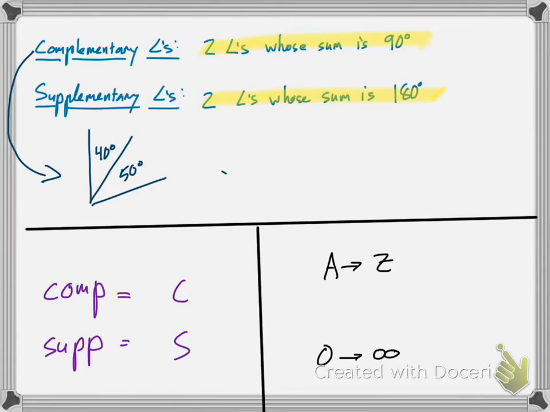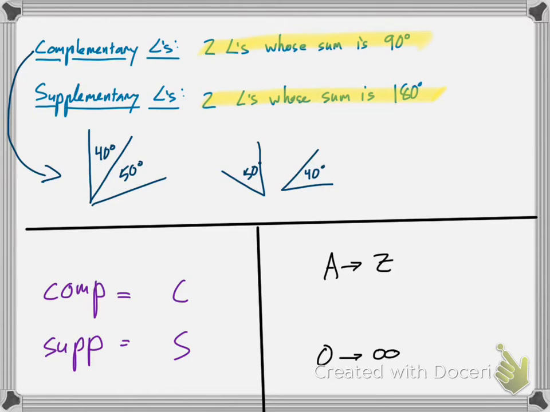And then we're also going to draw another set of angles, but this time we're going to separate them. These are not going to be adjacent. So in both diagrams here, we have a 40 degree and a 50 degree angle.